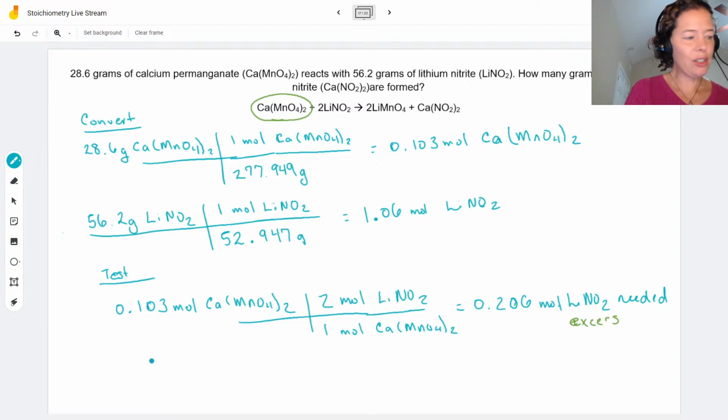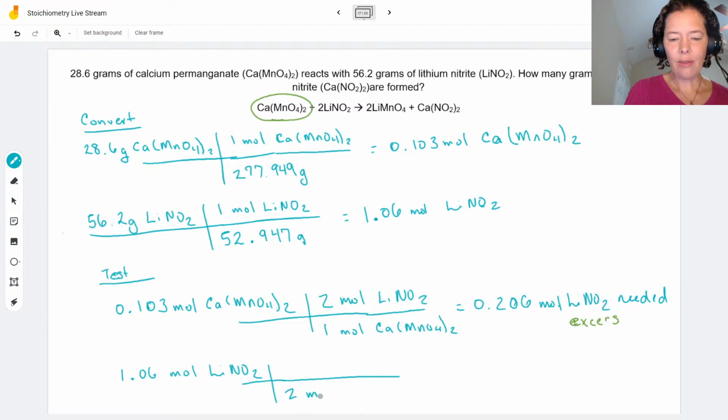So in this calculation, I'm going to start with my 1.06 moles of lithium nitrite, and converting that into calcium permanganate.